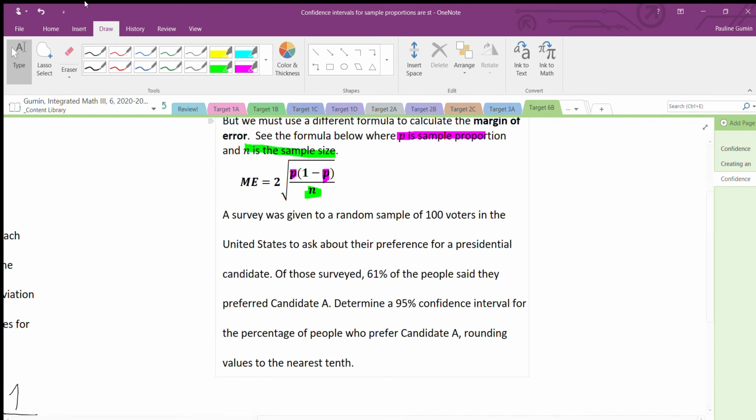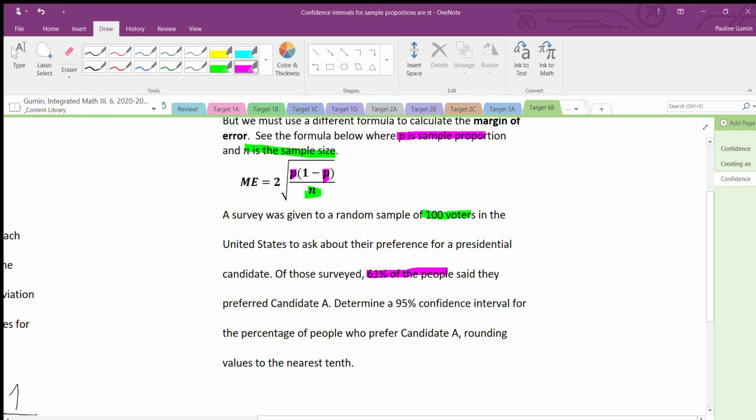First, let's highlight. The easiest thing for me to see here is my sample size. It's 100 voters. Next, I need to find my proportion. The proportion is how much of the 100 voters preferred candidate A. We're given 61% of people. That is a proportion.